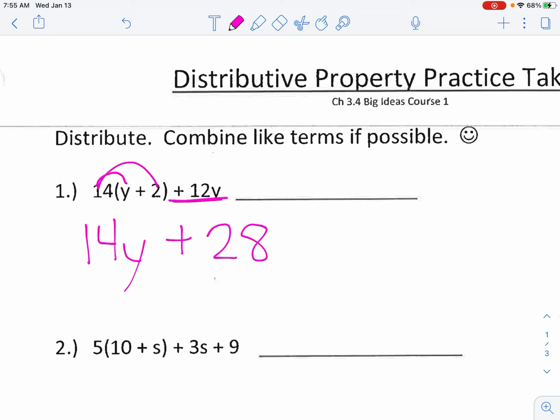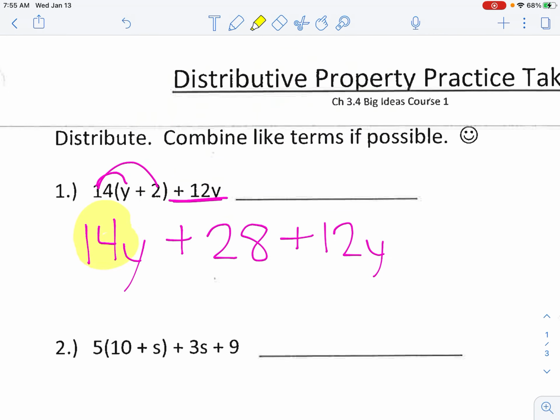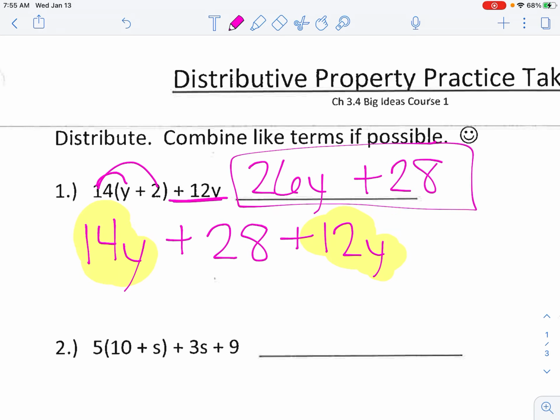And we still have this plus 12y that we have to include in our problem. So now it's time to combine like terms. Well, the only two things that I see that are alike are 14y and 12y. So 14 plus 12 is 26. So that would be 26y plus 28. And that would be our final answer for number one.